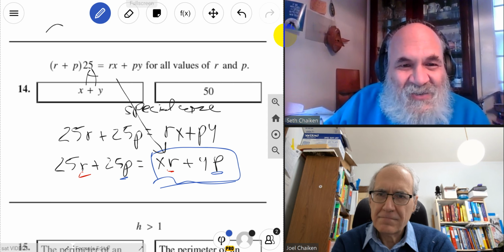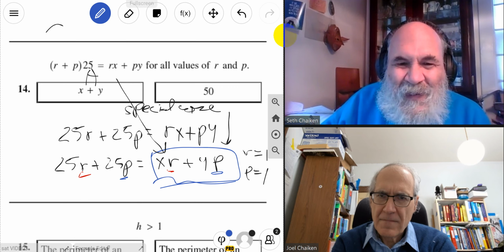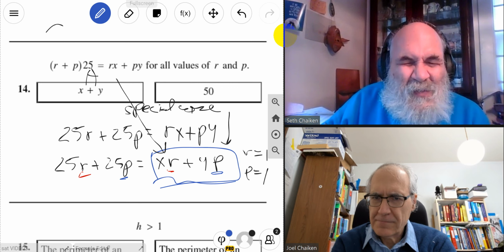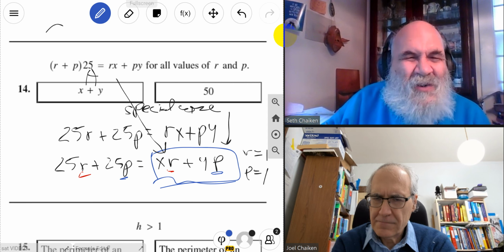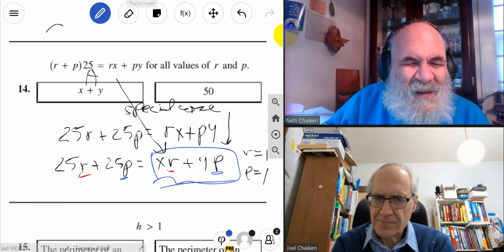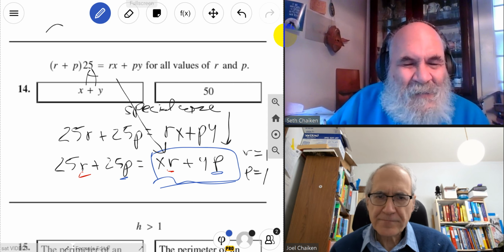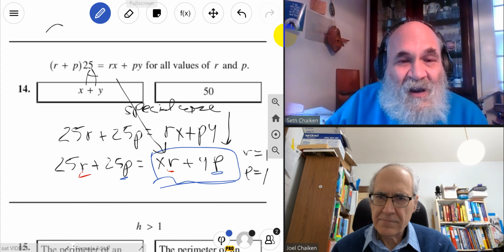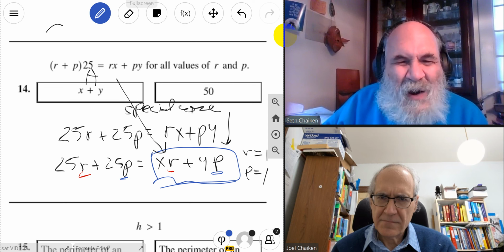This is a special case of what's below when r equals 1 and p equals 1. Let us follow our nose and believe what the given has said, applying it for particular values r equals 1 and p equals 1.